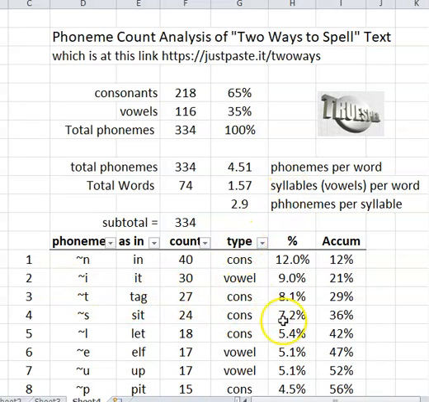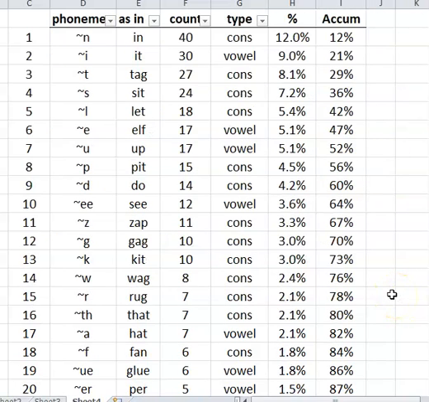So we have the database, and I will show you the top 20, and you see that N is the most frequent phoneme, and the most frequent vowel is I. N is the most frequent consonant. They are sorted by type.